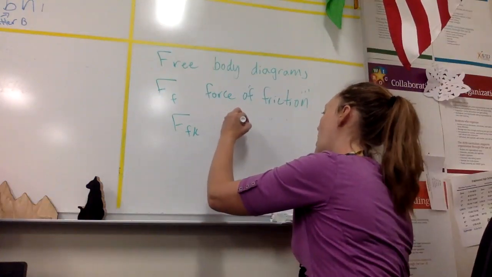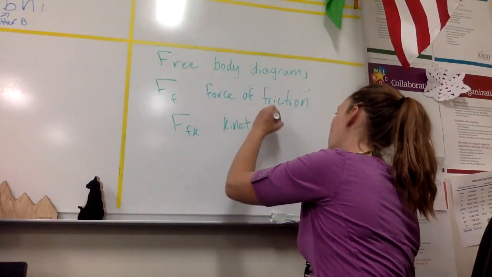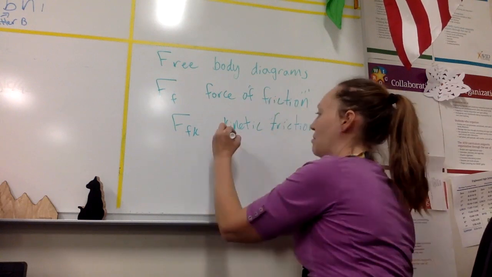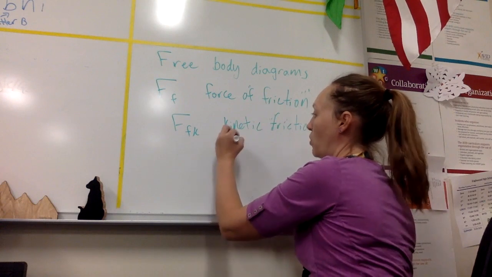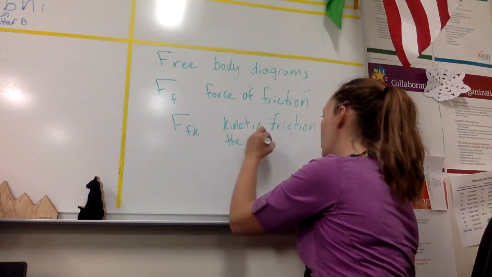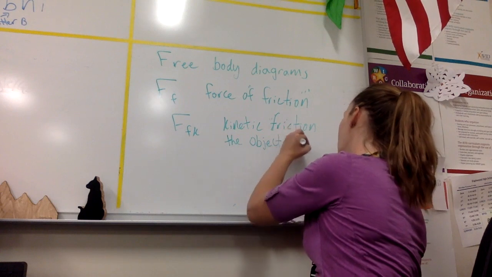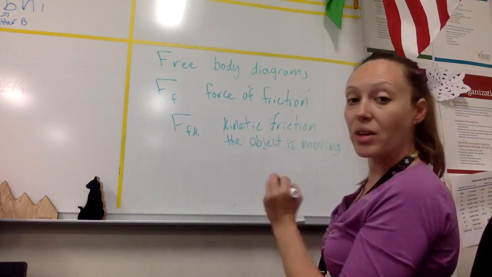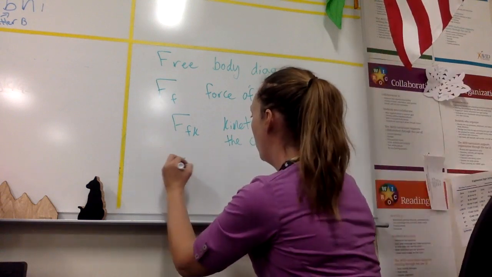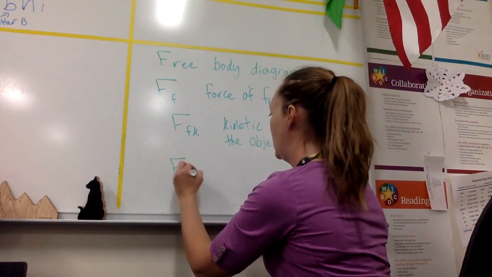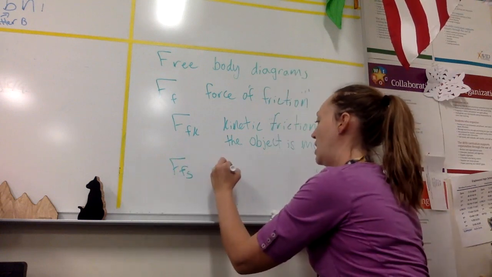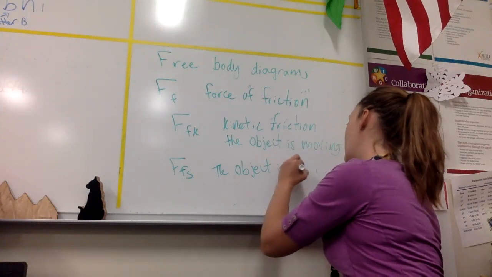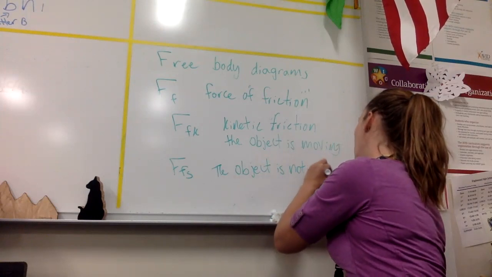Kinetic friction is normal friction. It's just the object is moving. And then the other one is force of static friction, and this is when the object is not moving.